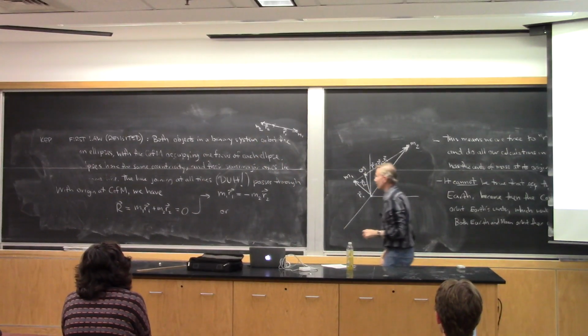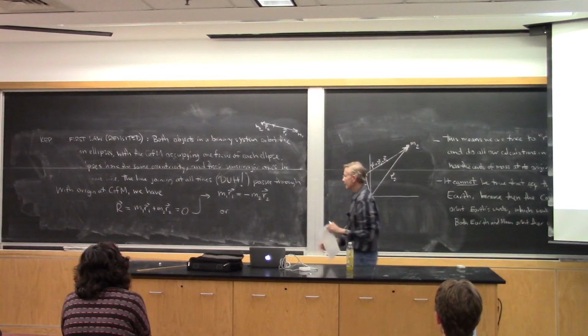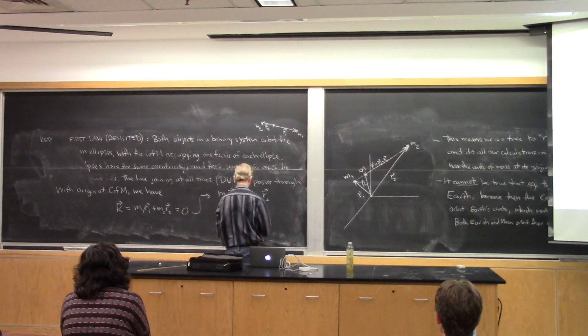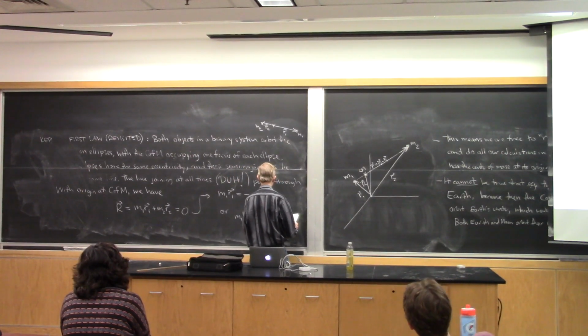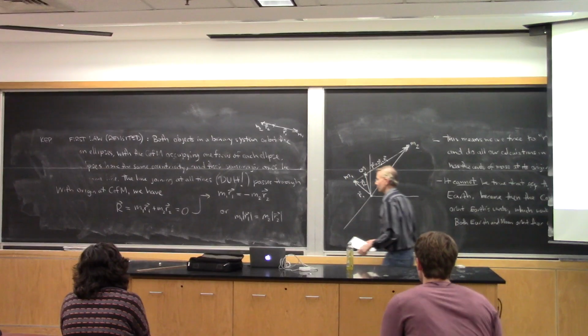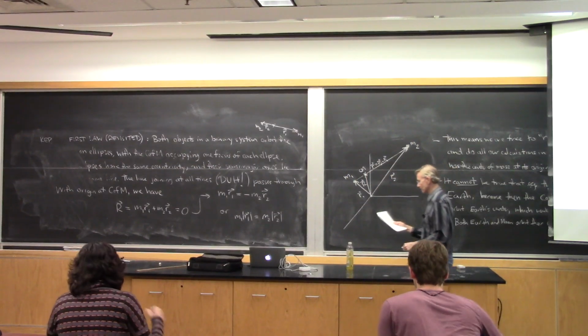So M1R1 is minus M2R2. Taking magnitudes, this says that M1 times the magnitude of R1 is equal to M2 times the magnitude of R2. You don't have to worry about the minus sign anymore.